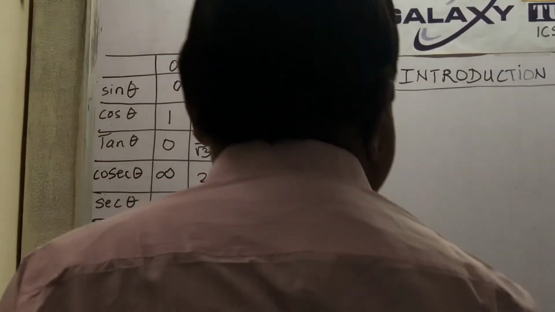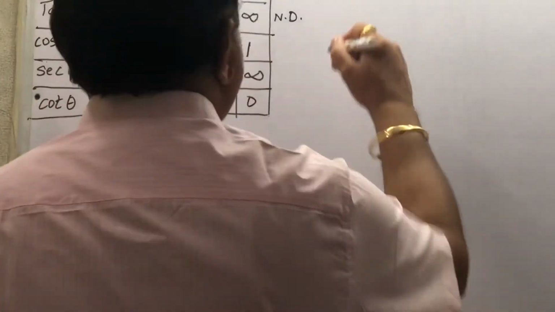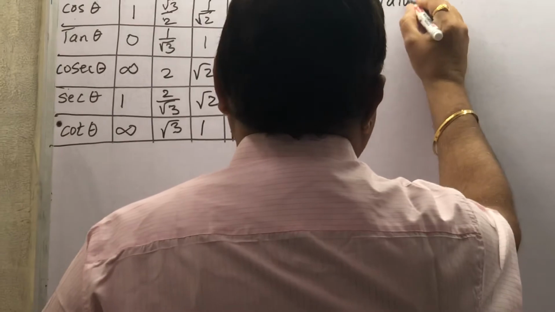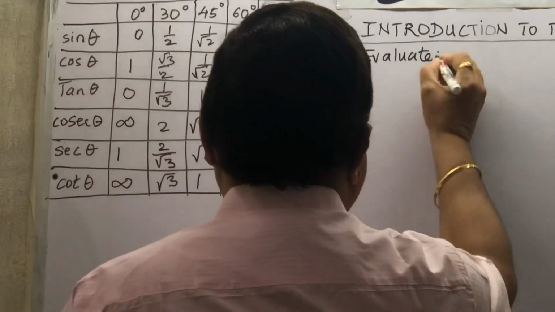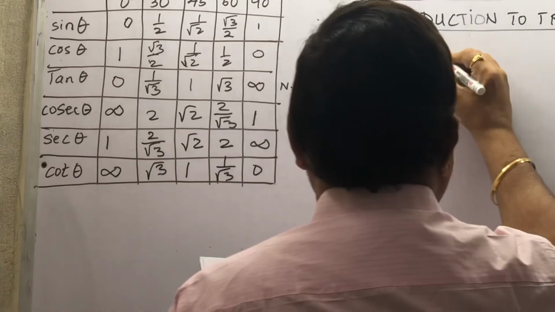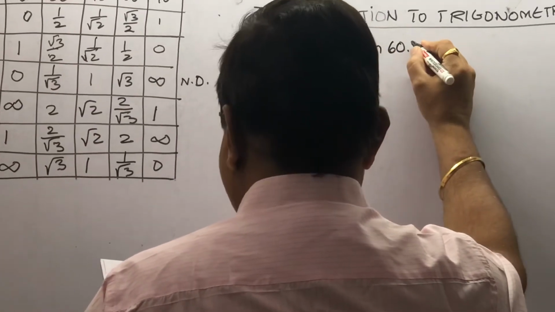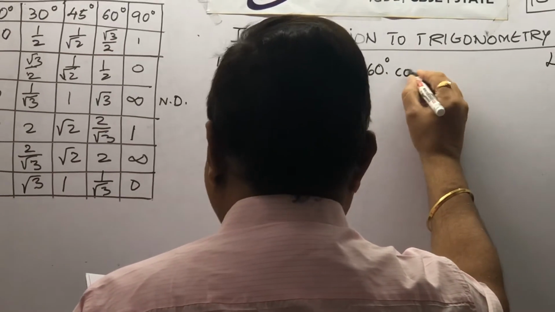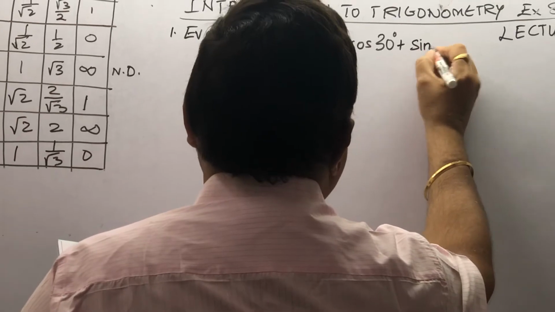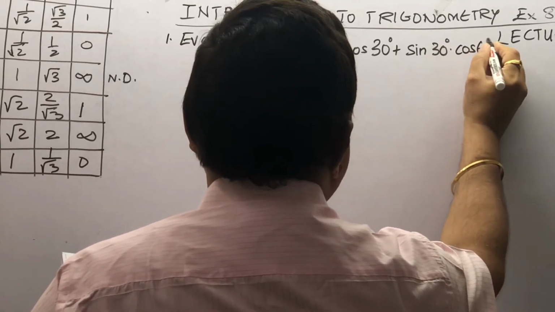So starting with exercise 8.2, from your textbook, for the first sum, evaluate. And I am given for the first sub-sum sine 60 into cos 30 plus sine 30 into cos 60.